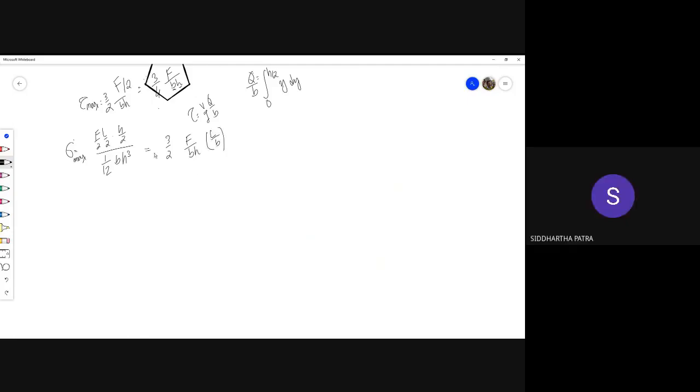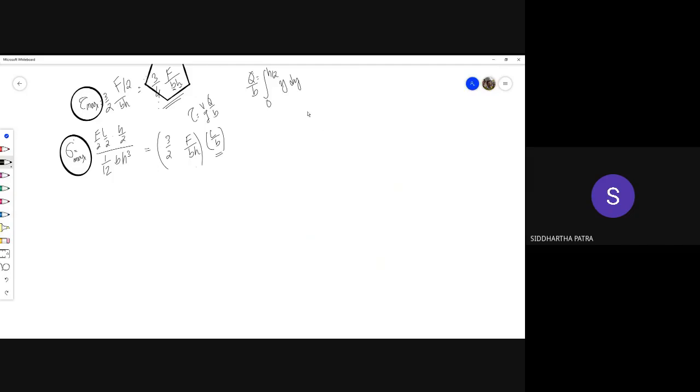There is a reason I'm writing it like this. So this is the maximum shear stress across the beam. This is the maximum normal stress across the beam. Just consider the two values. This is kind of twice of this quantity, right? 3 by 4 BH. But what about the next term?